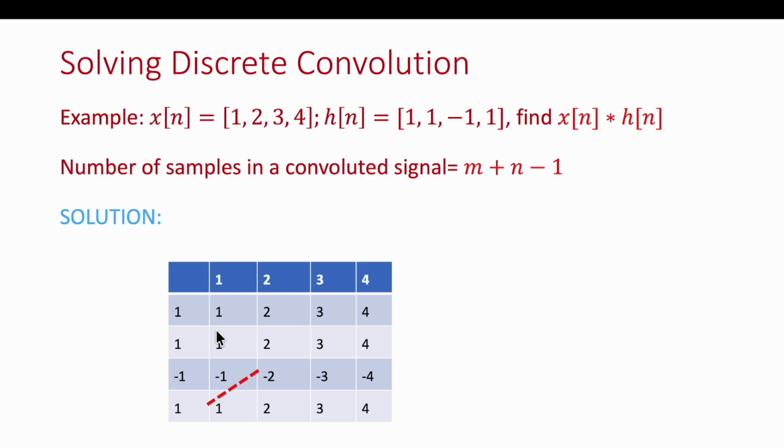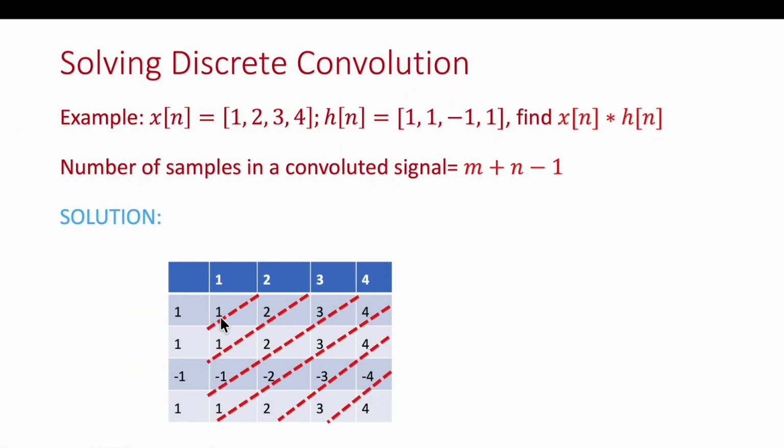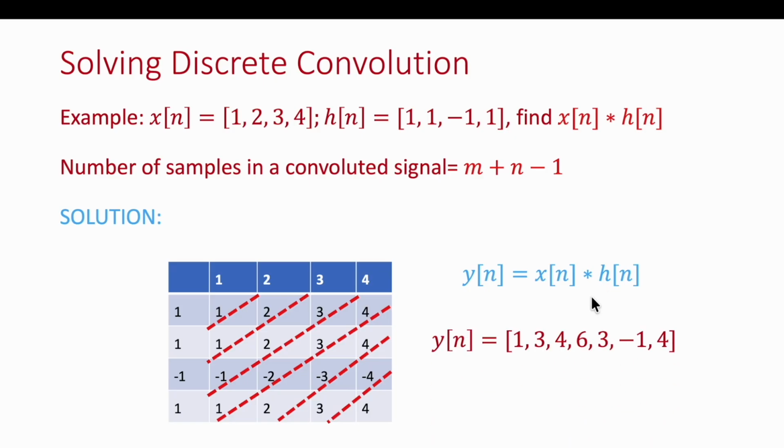Then you need to draw diagonal lines between the cells, one here, one here, and similarly here and here. Then you write y of n is equal to x of n convolution with h of n, and write the result for each diagonal. Here the first element is 1, and for the second you add these elements together: 1 plus 2, the answer is 3.